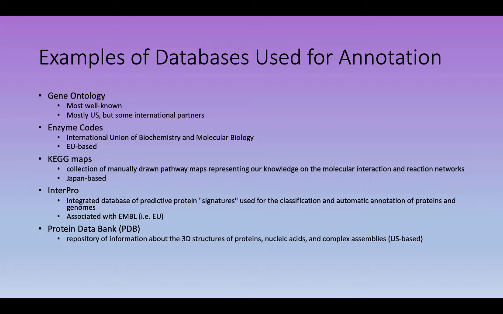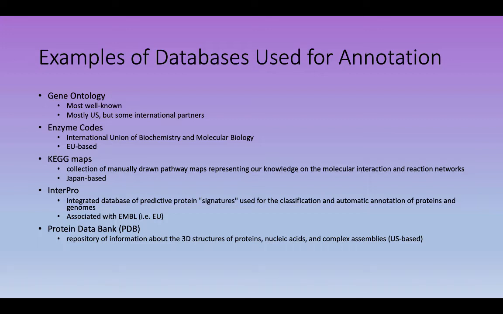There are the KEGG maps. This is a Japanese-based database, and these typically represent a very high-level curated pathway map of the knowledge of how molecular interactions and reactions are interacting with each other. So a lot of metabolism in here, enzyme-oriented activities. InterPro is another European database, and this is one of the main ones for retaining information on protein signatures or protein families.